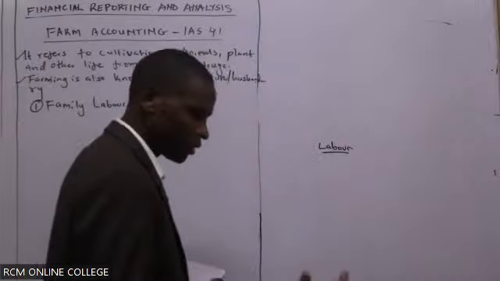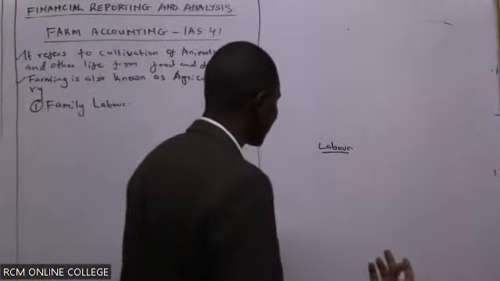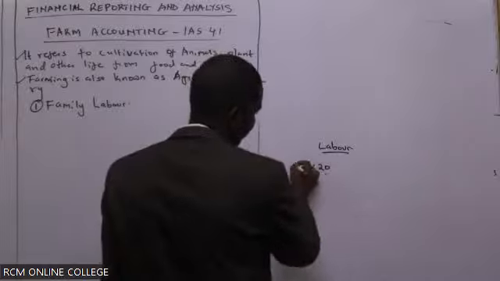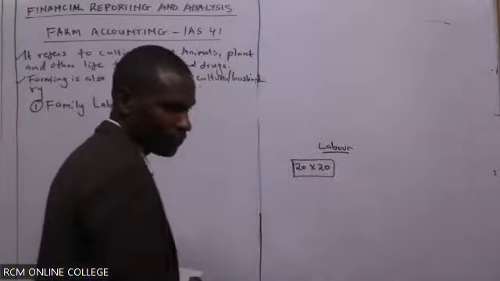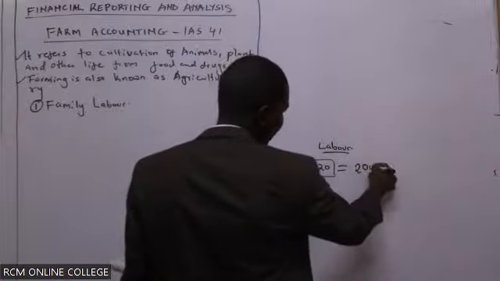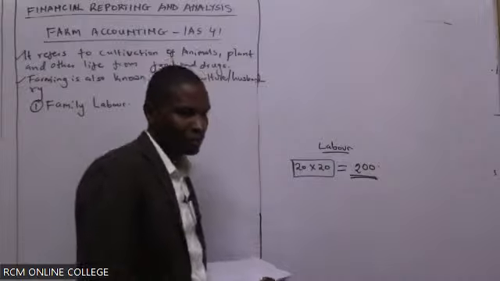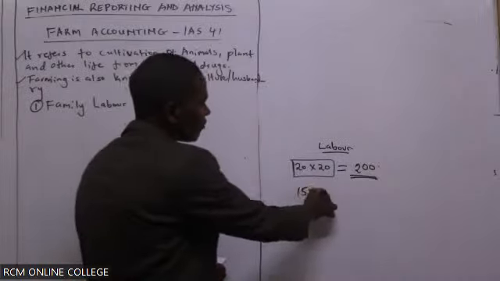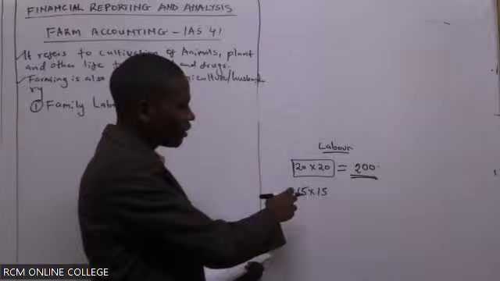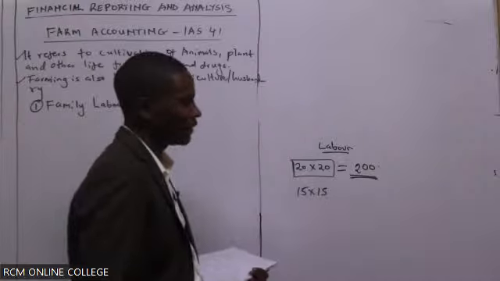I don't know about you, but everyone has come from the village, even if you are in town, right? In our village we used to be measured 20 by 20, they call it a square, and we were paid 200 at that time. That is what we are talking about, the market price. I hear some are measured 15 by 15. Are you aware of such an activity?